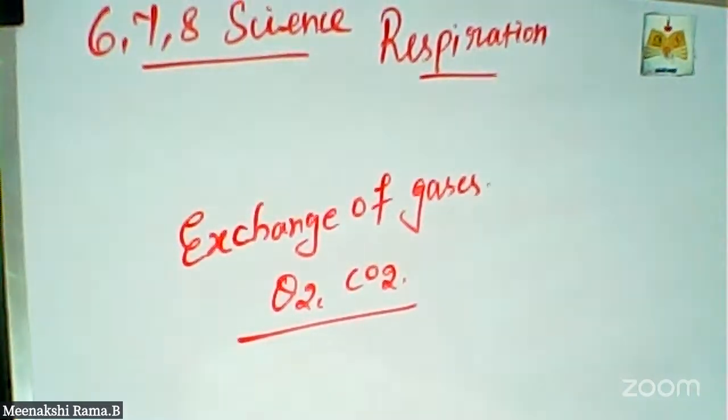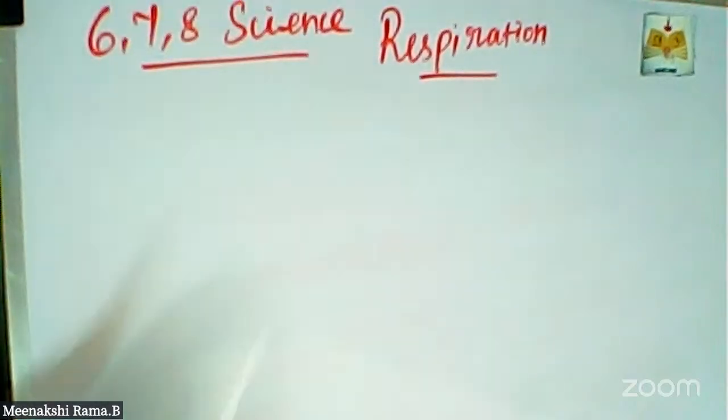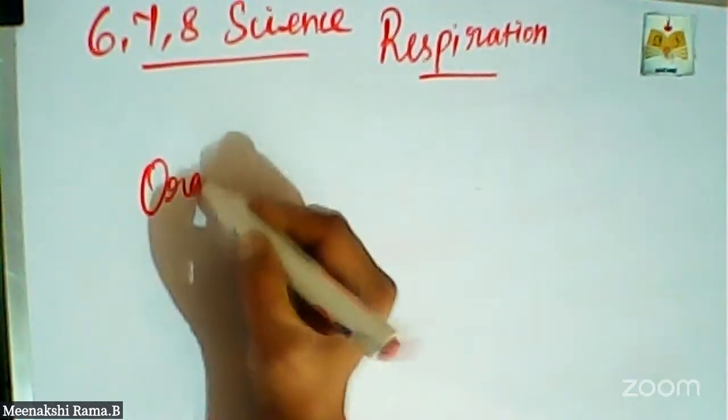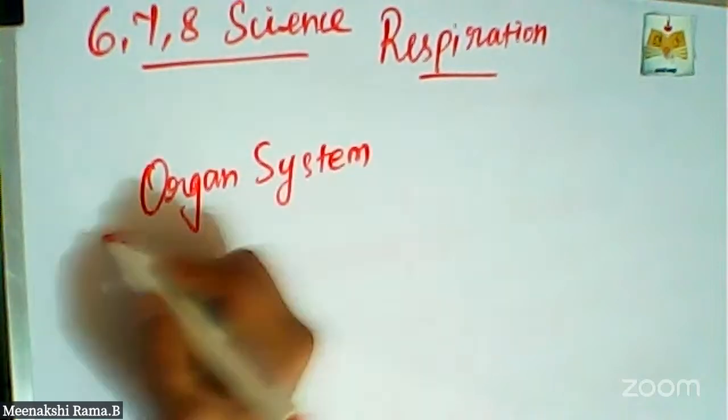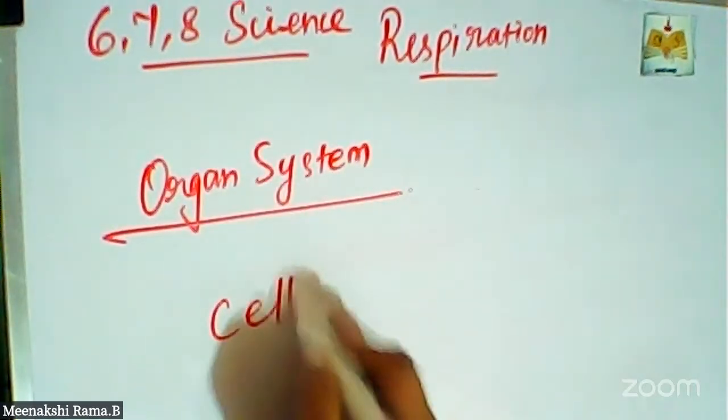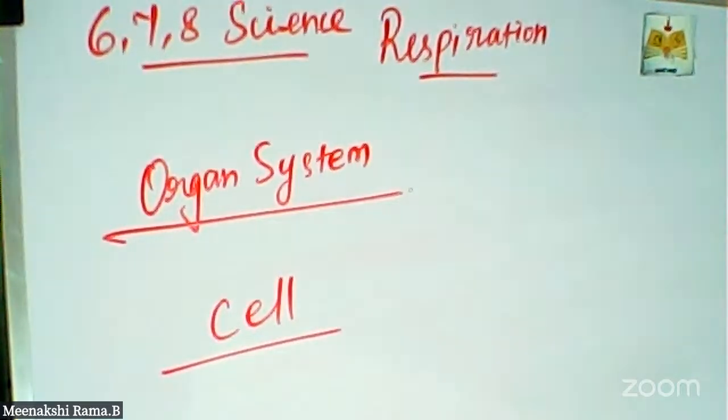So there are different kinds of respiration, basically the human respiratory system. I think we studied the concept of organ system. Do you have any idea about the organ system? Our body is made up of cells. The cell is the basic part of the organ system.